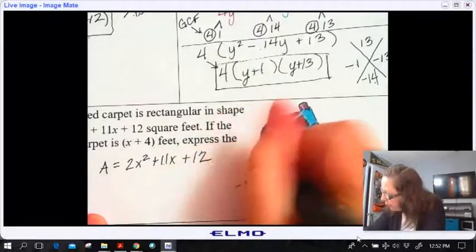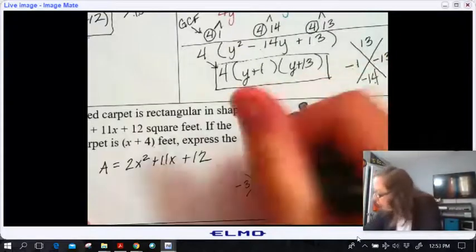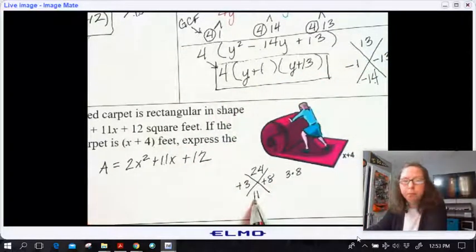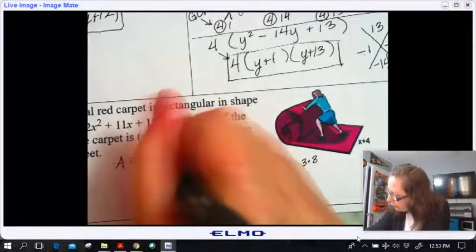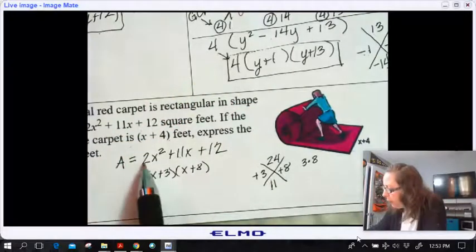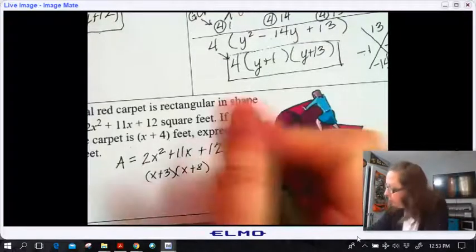I've got to do positives, don't I? Positive 3 and positive 8 to get to a positive 11. And so I'd have x plus 3, x plus 8. But remember, when there's that number in the front, we don't want to forget that we multiplied. So now we have to divide it out.